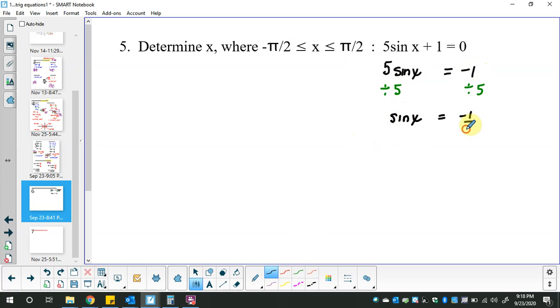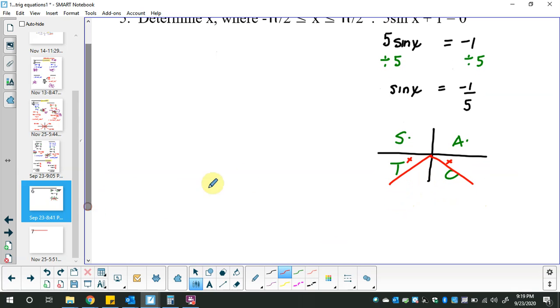And I do not recognize that as a unit circle measurement, which means I need the CAST rule. And this one is sine being negative. So sine is positive here in all positive and here in sine positive. So I'm going to put my sticks in the other two places with the little x's for the RAAs.